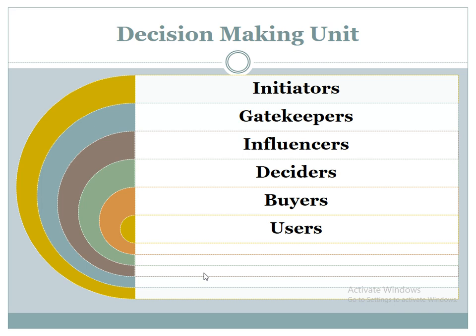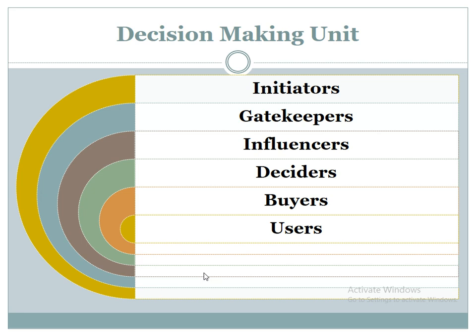So, who are the decision makers? Who are involved in the decision? What are their positions and what influence can they have on the purchase decisions? What impact are they making on the purchase decision? That we need to understand.